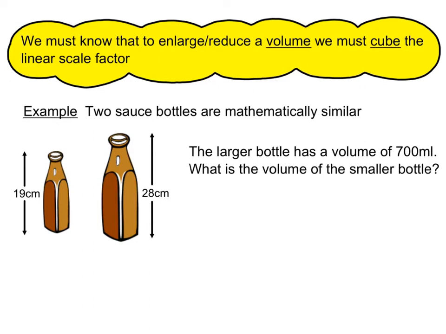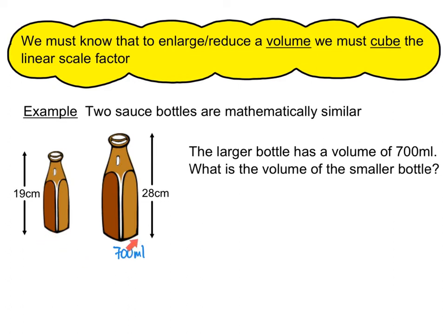So straight away here we're trying to get an idea for the enlargement or reduction scale factor. And we've really got to ask ourselves first of all, is this an enlargement or a reduction question? Now, it tells me here the larger bottle has a volume of 700 millilitres. So that's this one here is 700 mils. And I want to find the volume of this one here.